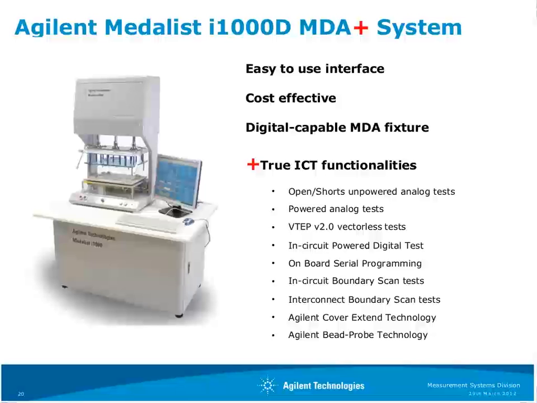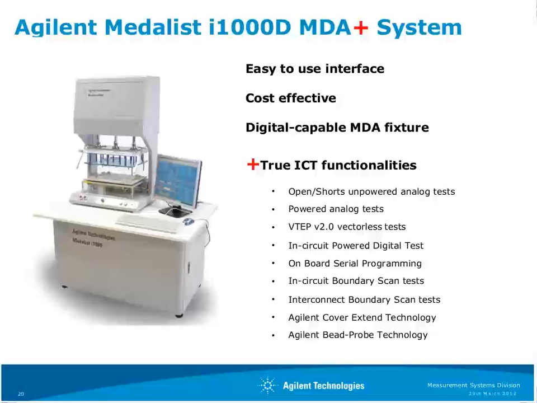As you might expect, we have the Agilent Medalist i1000 MDA Plus system. So we're going to classify the i1000D as an MDA Plus system. Why do we call it D? Because we also now have capabilities for digital test.